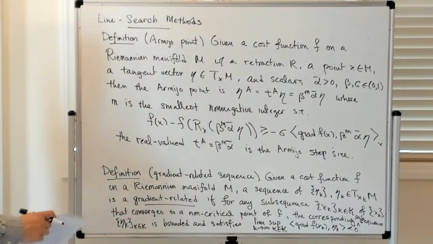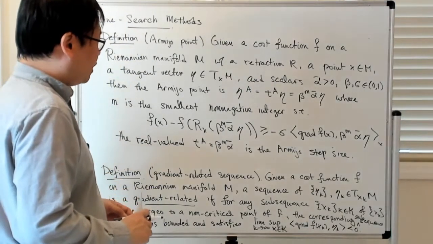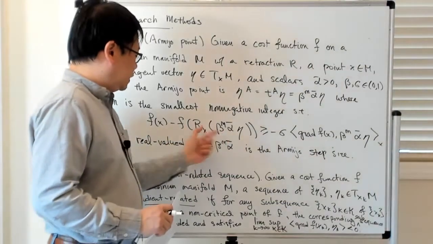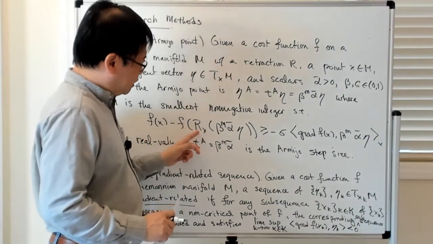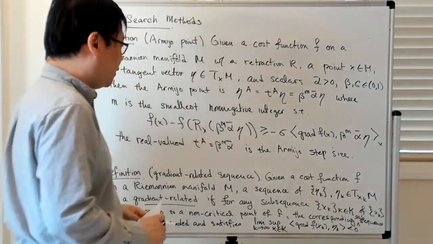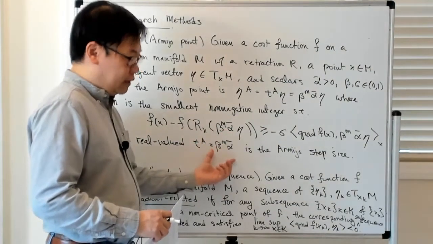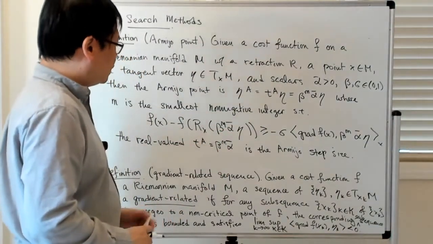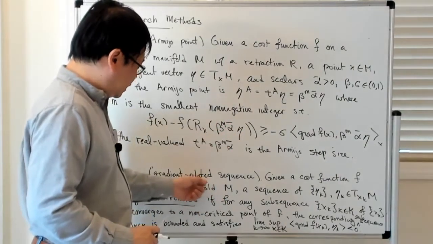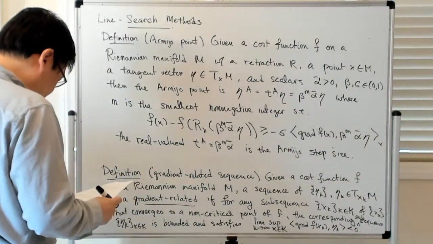So as you might expect, this is setting you up to construct a line search algorithm on a Riemannian manifold, using the update that x_{k+1} is R at xk applied to this direction. You want the step size to be one of these Armijo step sizes, and you want the search directions to be these gradient related sequences, right? So that's where we're heading.